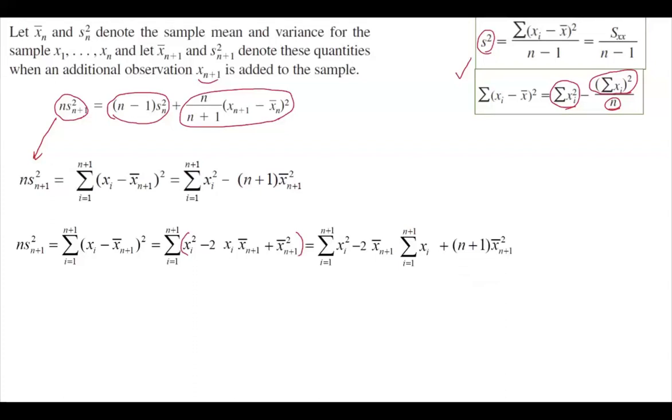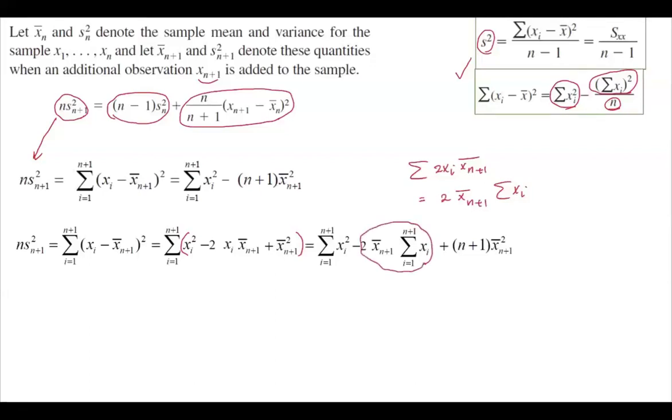Again, remember that the summation of 2 xi xn+1 bar is equal to 2 times xn+1 bar times the summation of xi. It doesn't have any i in it, so you just need to take the summation over i. So that's how you end up with this quantity here.